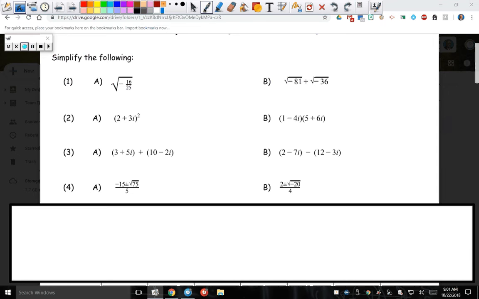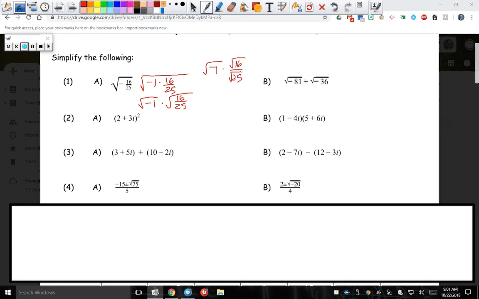The first one is taking the square root of negative 16 over 25. Now in class we learned that we could break this up as the square root of negative 1 times 16 over 25. And furthermore, from Algebra 2 we learned that we can break up a square root into the square root of negative 1 times the square root of 16 over the square root of 25.